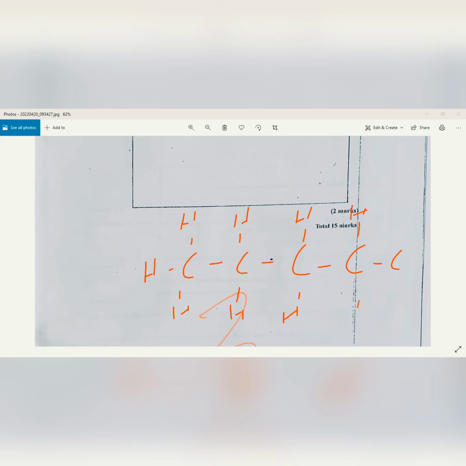We could also draw 2,2-dimethyl propane. 2,2-dimethyl propane would be another isomer. But this one is the simplest one that you could draw for you to collect all the marks for that question. Okay, so we proceed again on to the next question.